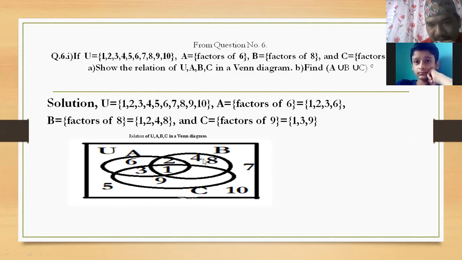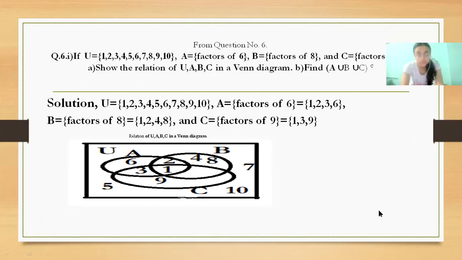And what is the remaining of set B? What are the remaining elements of set B? 4 and 8. Very good. And what is the remaining of set C? 9. Very good. What is remaining of the universal set, to be written outside? 5, 7 and 10.